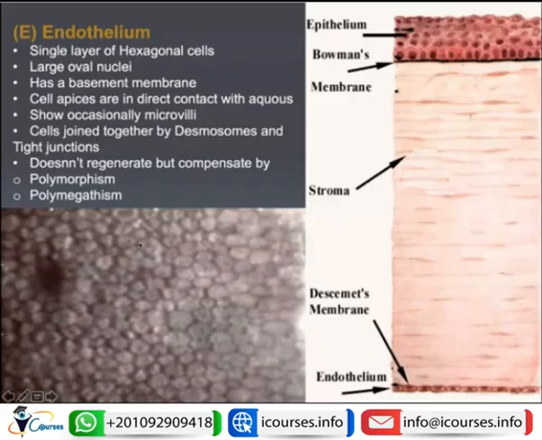Pleomorphism meaning that the cells change in shape to compensate for the defect if there are lost endothelial cells, and polymegathism meaning that the cells increase in size to compensate for the defect. So pleomorphism and polymegathism are the mechanisms by which the endothelium compensates for the endothelial loss.